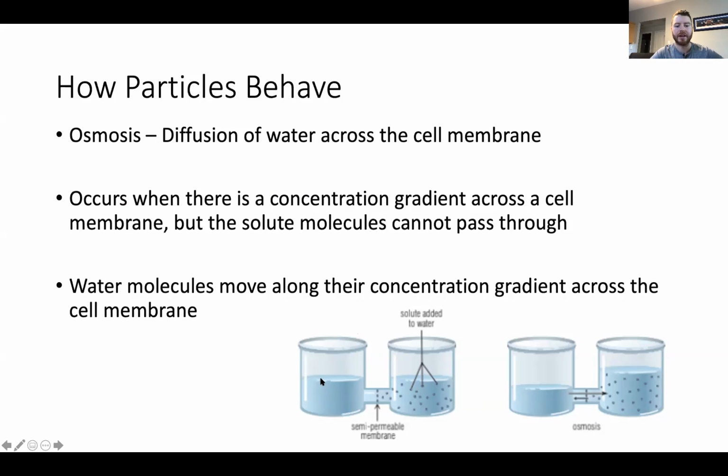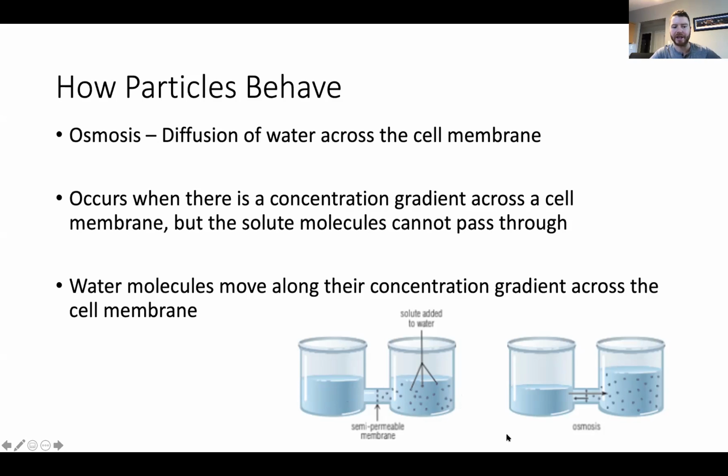So naturally, water is going to move into the right beaker because it wants to reduce the high concentration of the solute molecule in this beaker here. There's going to be a net movement of water to the right in this particular case.